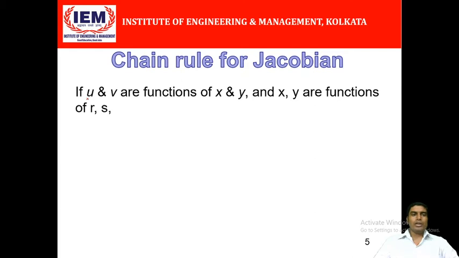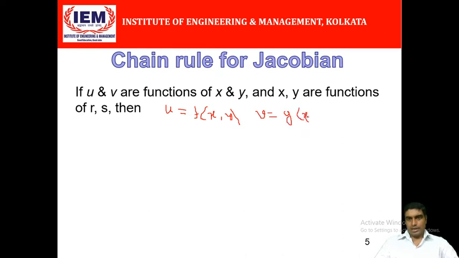Suppose you have the two variables u and v as functions of x and y, then the chain rule is ∂(x,y)... Before I proceed, first understand this thing: u is a function of x, y, let's say u is f of x, y, and v is also another function, let's say g of x, y.